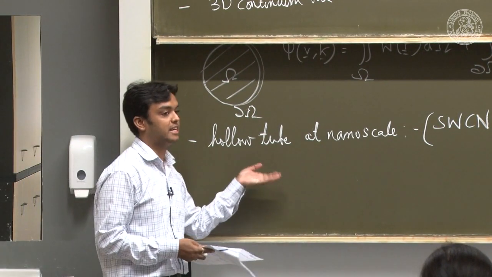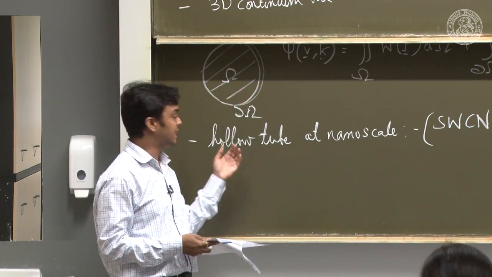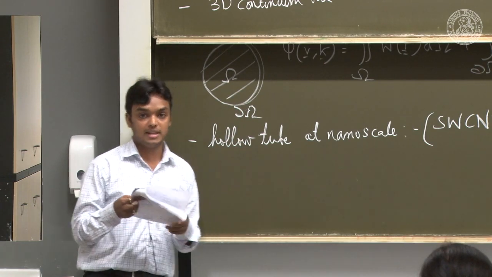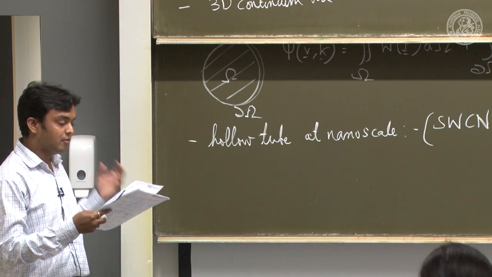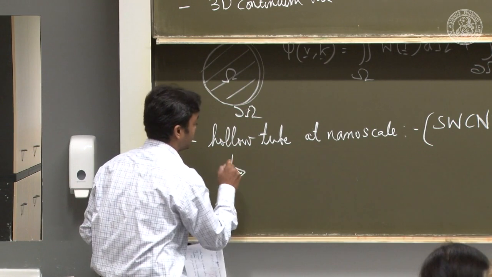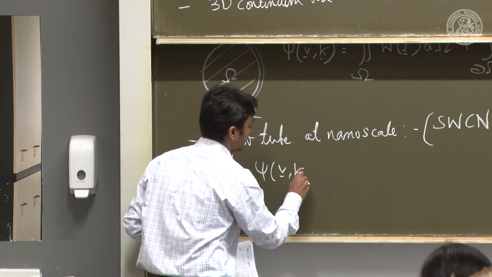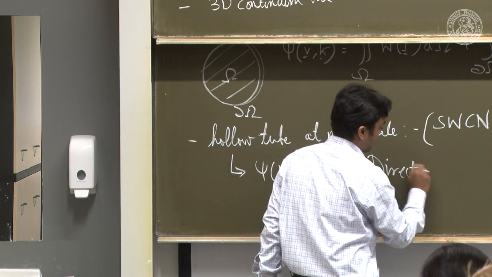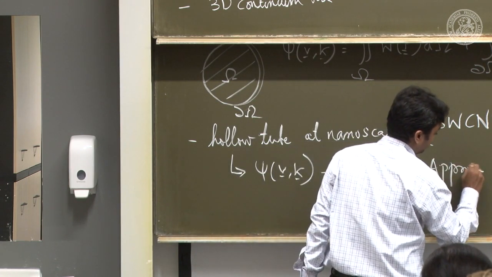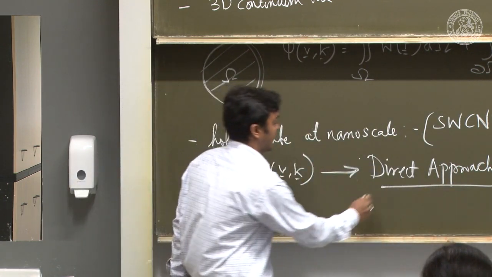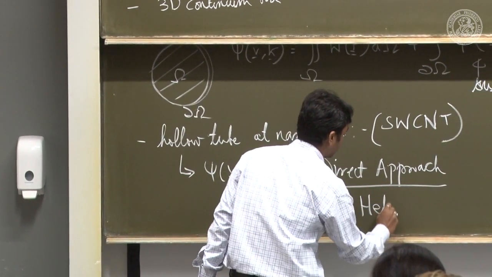If we start modeling these structures with 3D elasticity, for example this hollow tube, we cannot have recourse to 3D elasticity, then we have to think of a direct approach. So to evaluate psi of V and K, we have to think of some direct approach. And this we will be learning later on as the helical Cauchy-Born rule.